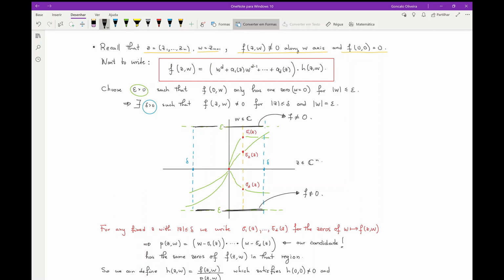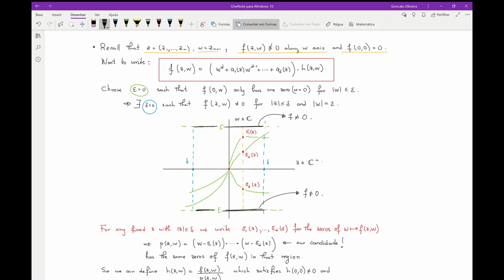So that basically says that here, in this region where z is 0 and the absolute value of w is less than epsilon, the function f only has 1 zero, which I placed there in red at 0. Okay, there it is. And now we can further go by continuity along these black lines here, plus or minus epsilon along here.